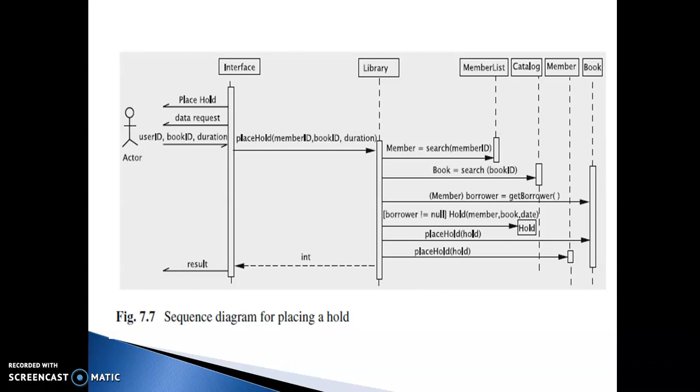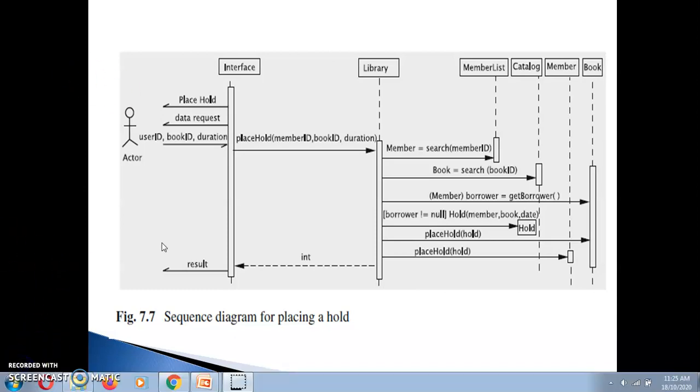Then place hold. Place hold should be executed whenever a person wants to hold a book, and that request will be sent to the book, and the place hold will be given to the member.